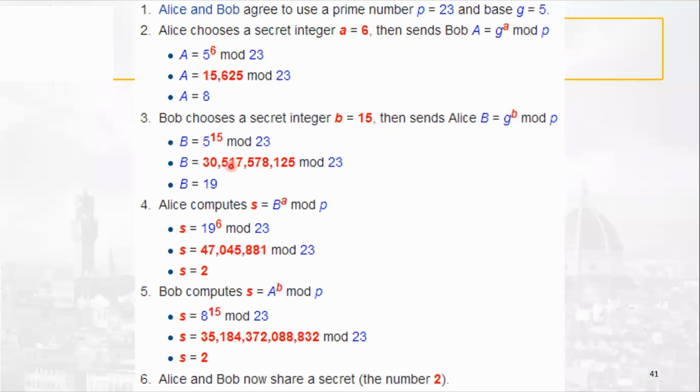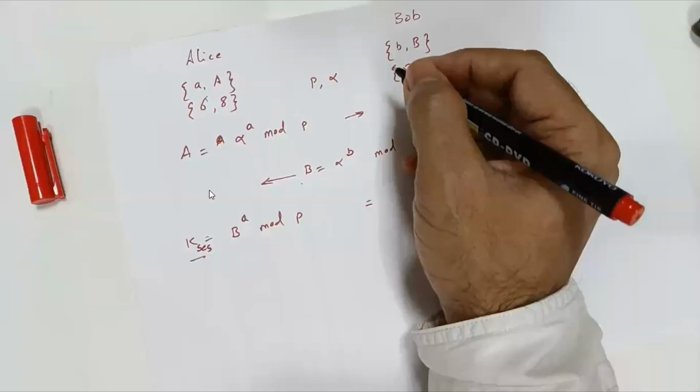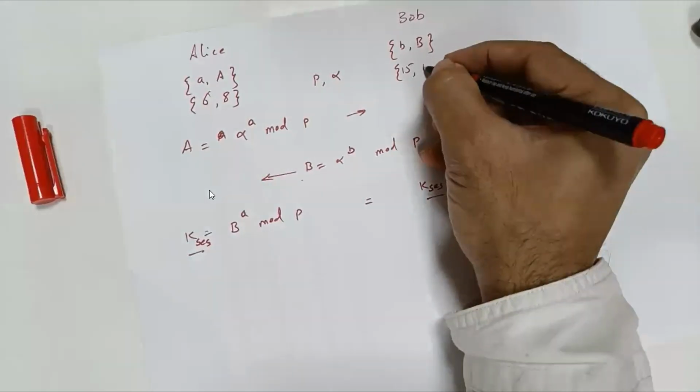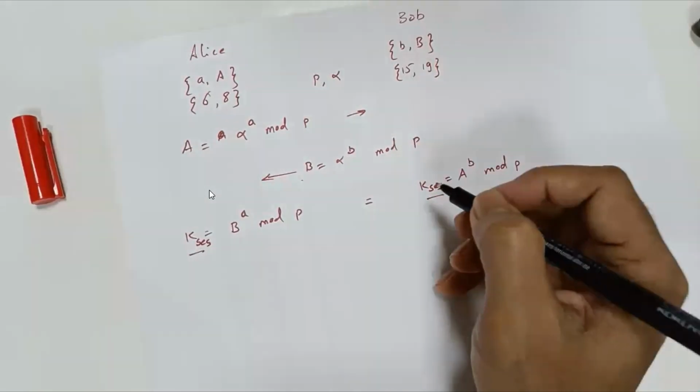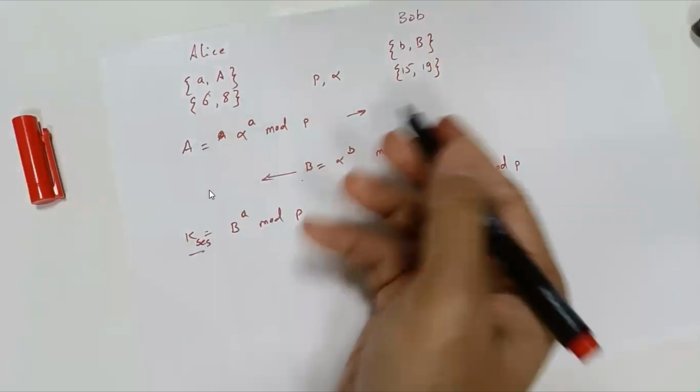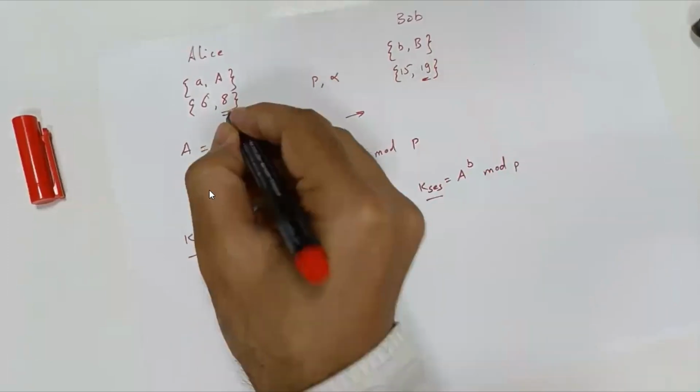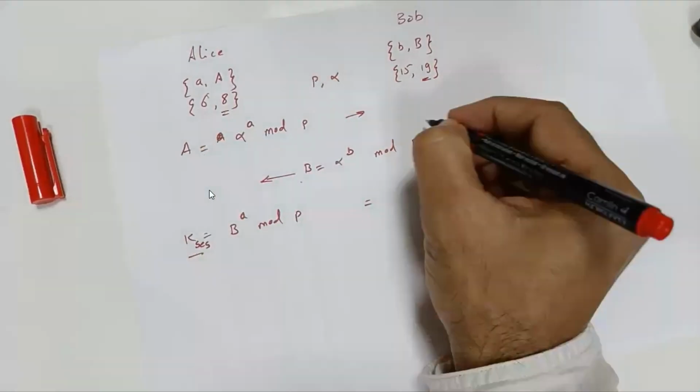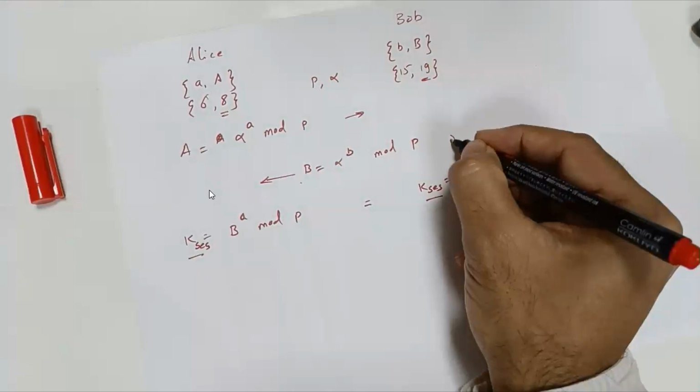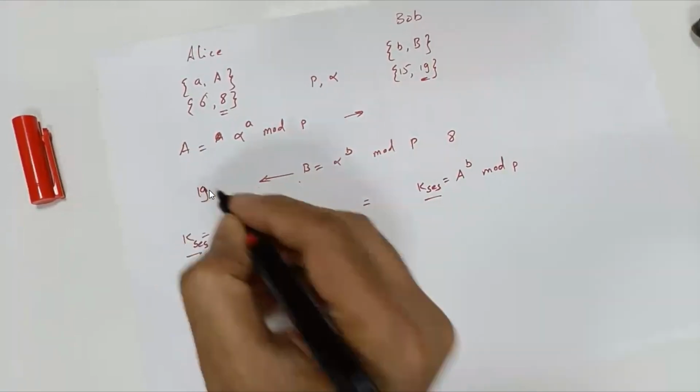This calculation gives the public key as 19. You are sharing this public key with the other user. So 8 is sent over here and 19 is sent over here.